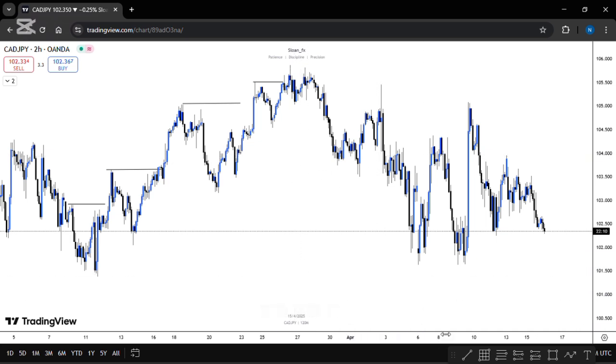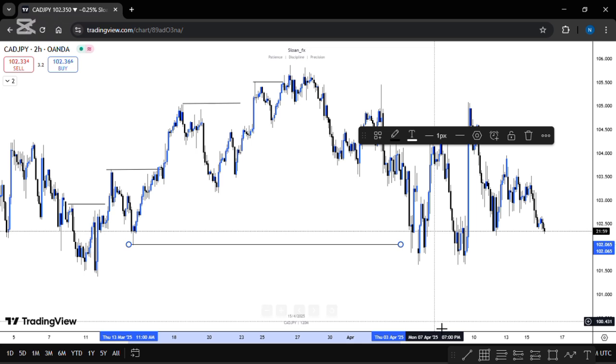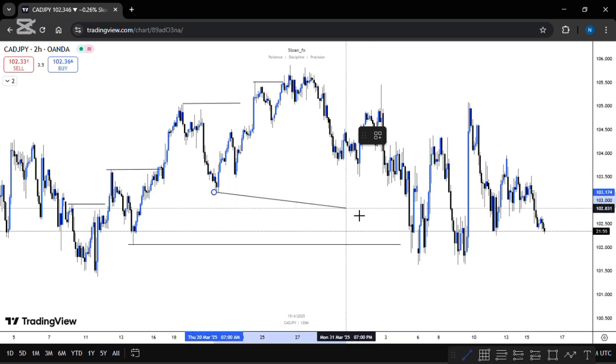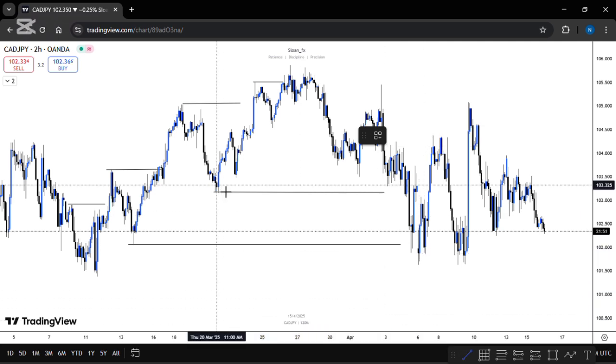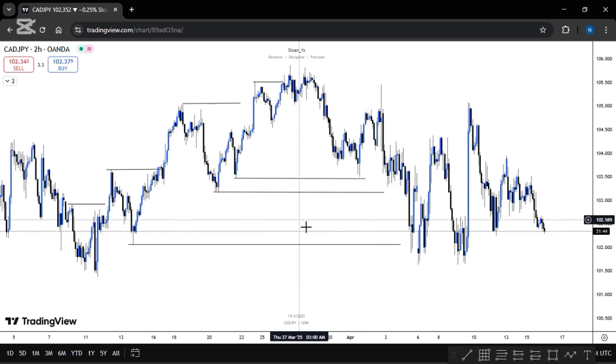Then, having marked out our breakout structure, let's mark out the inducements or the internal liquidities. Okay, so I'll take here as the inducement, and then I'll take here as an internal liquidity, or anything you might want to call it, then another IRL. Okay, so now the other blocks.